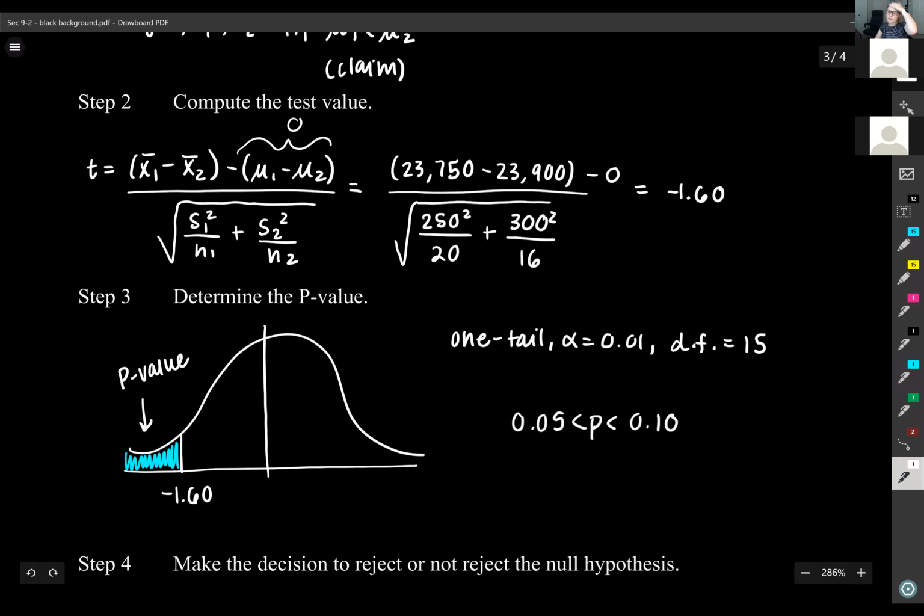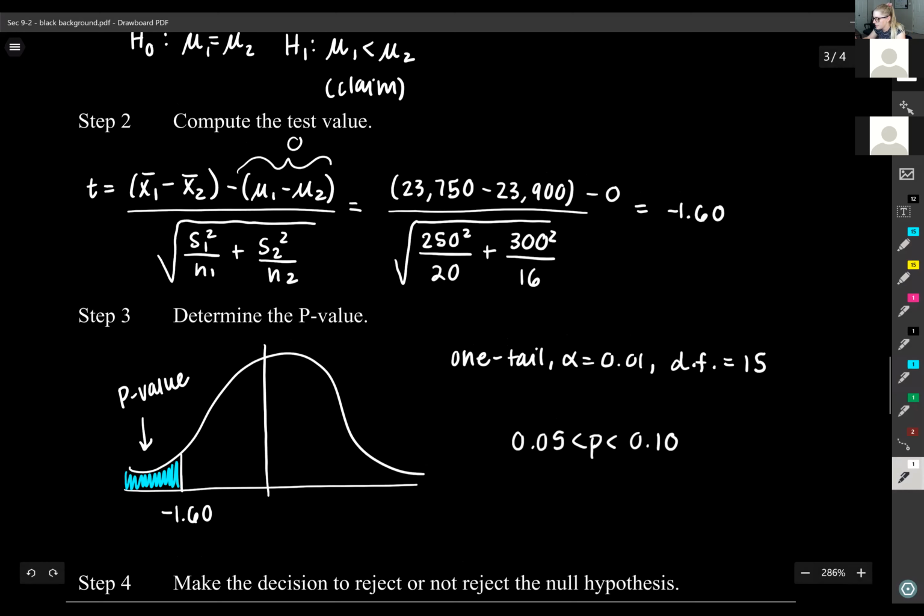So that's what we know. And based off that, we have to try and decide if we can reject the null hypothesis or not. Our significance level, our alpha, is 0.01. And if we were going to reject the null, we would need our p-value to be less than 0.01. But looking at the range, our p-value is greater than 0.05 and less than 0.10.